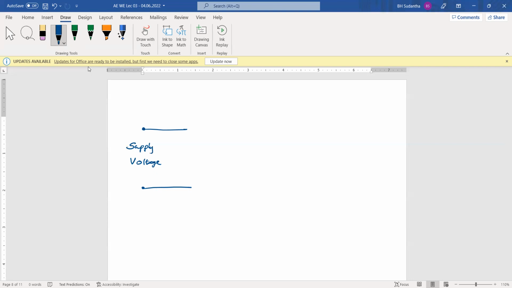It's a supply voltage, and it's coming from this end, and from this point onwards, we are drawing our regulator circuit. This is the Zener diode voltage regulator.